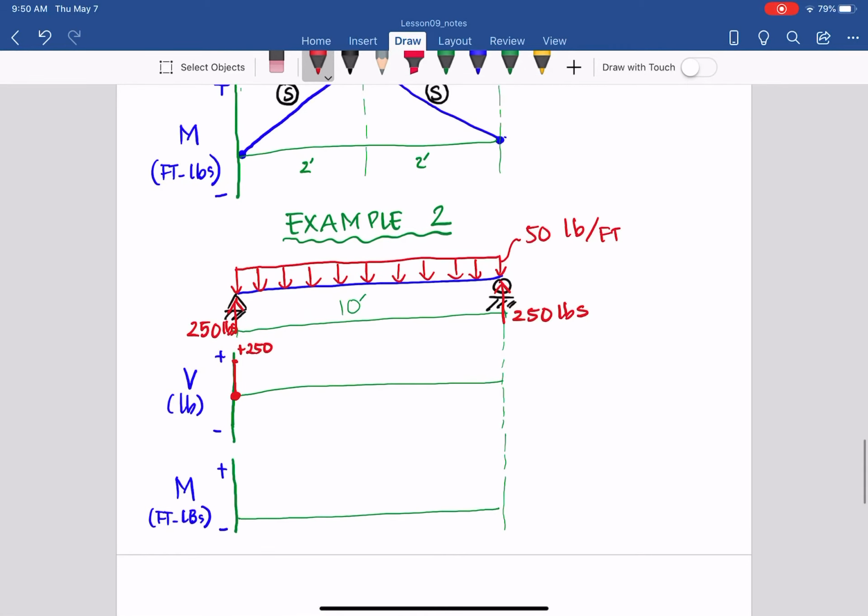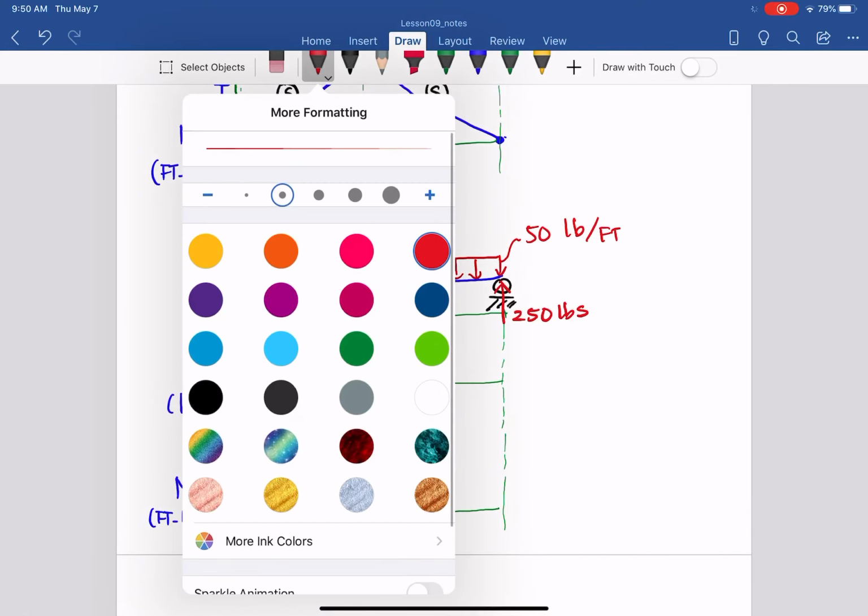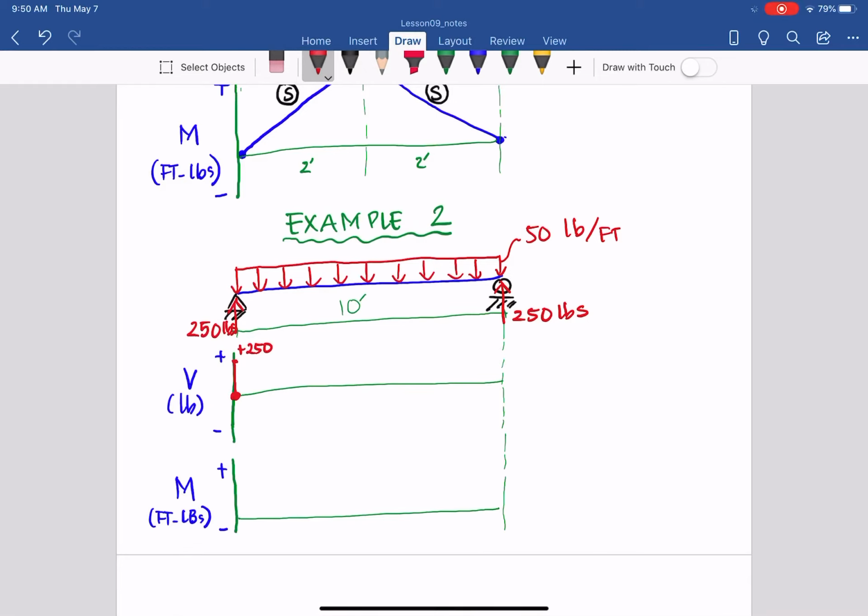And the area under the load curve here, as you can see, is 50 times 10, 500. And that equals the change in the shear from left to right.